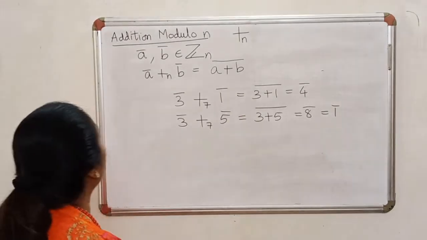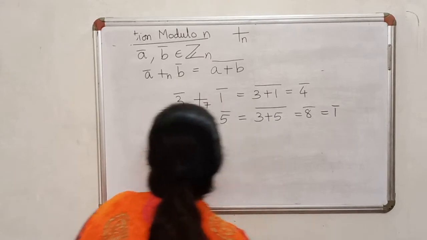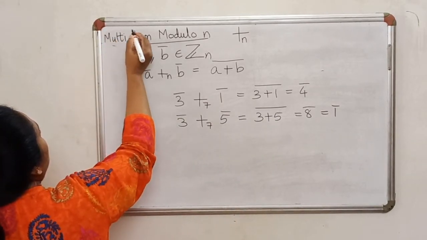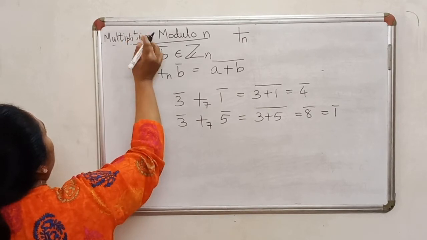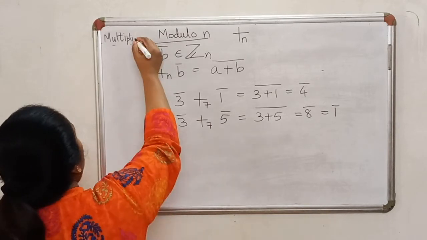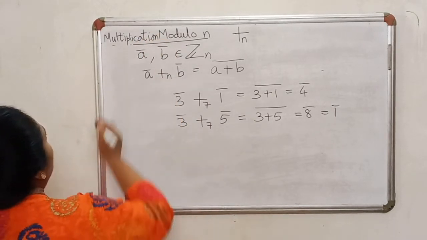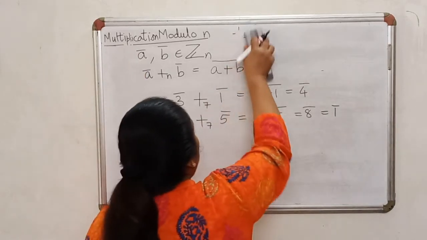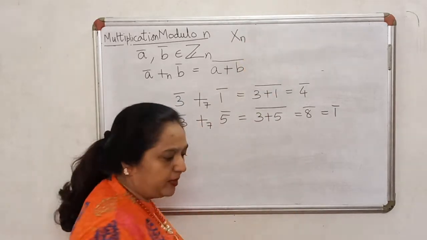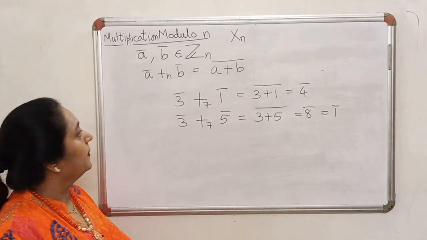We will now look at the operation of multiplication modulo n. The operation of multiplication modulo n is denoted by cross n.